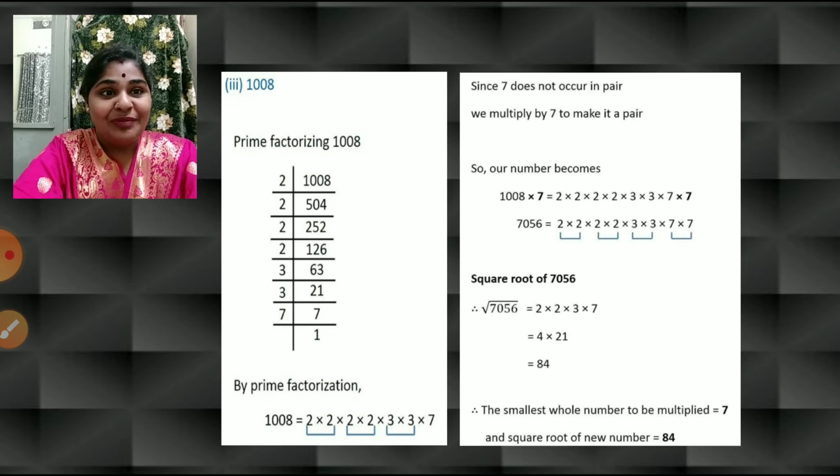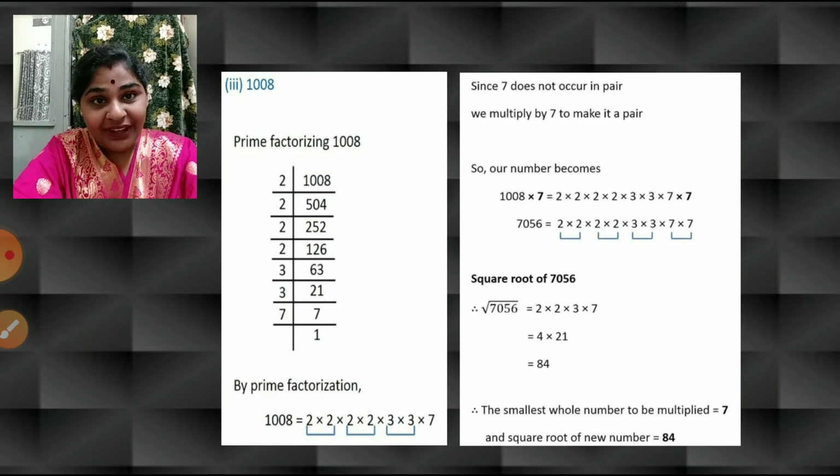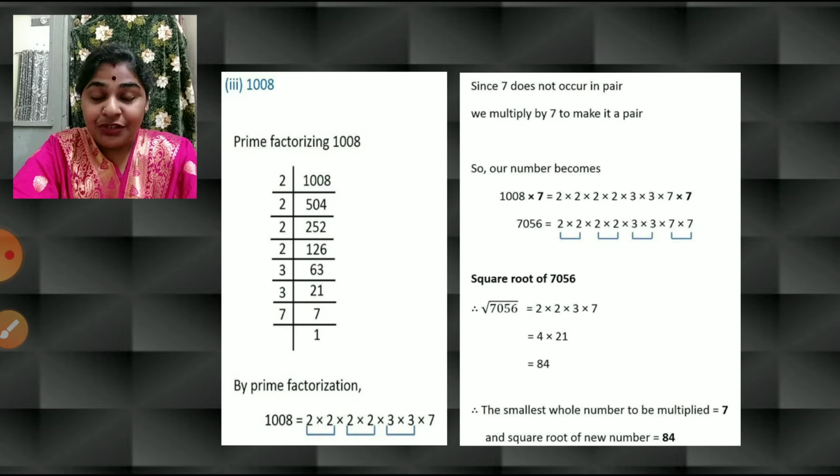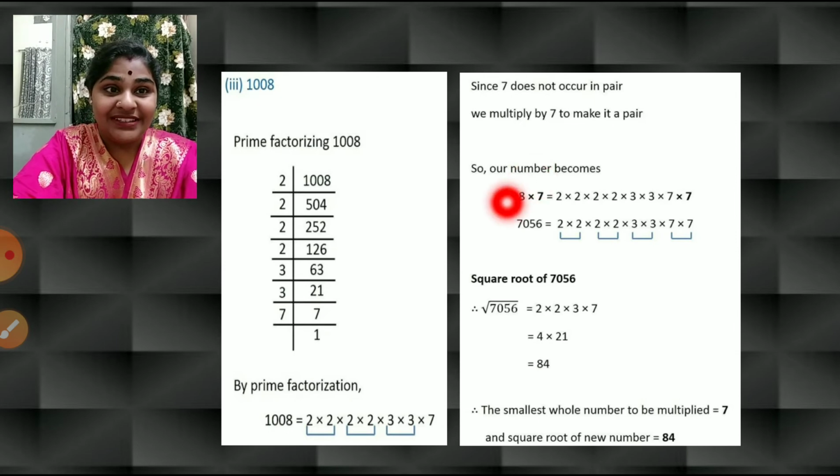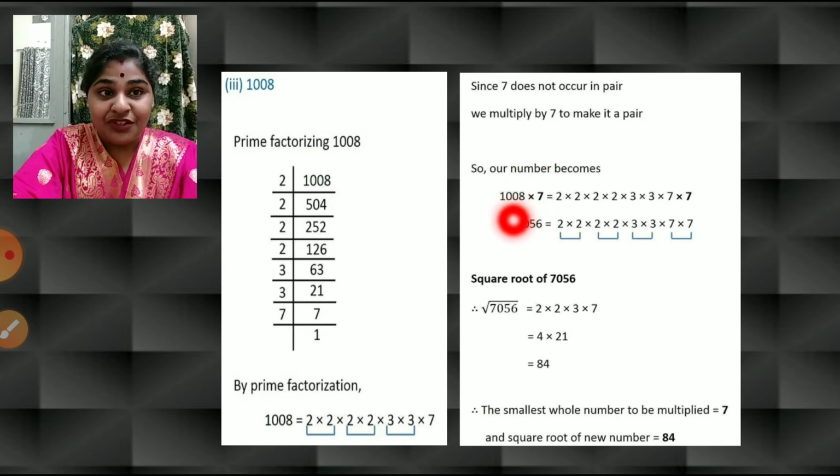So here we multiply 7 to make it a pair, and after multiplying 7 to the given number, that is 1008, we will get 7056. Right, children? Here you can see multiplying 7 to 1008, we get 7056.